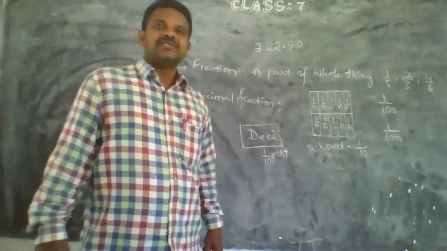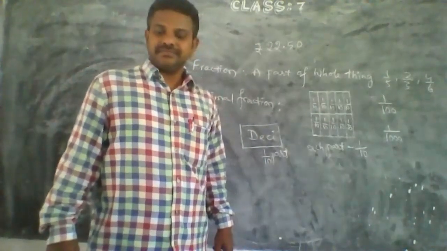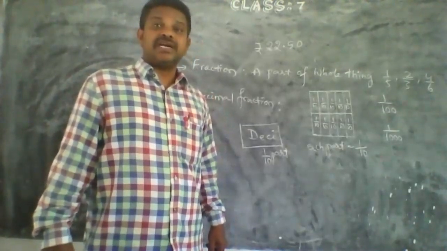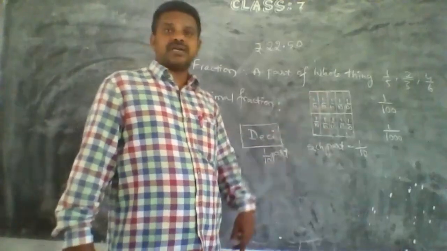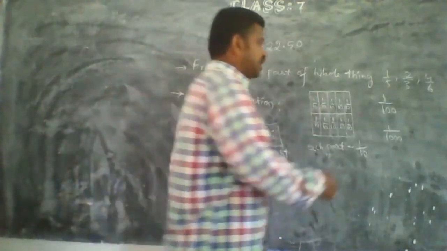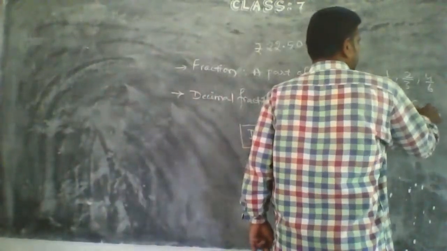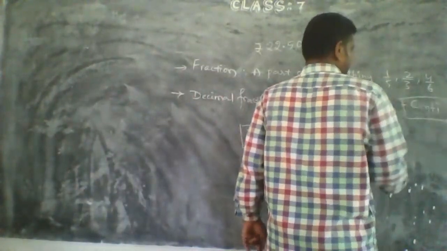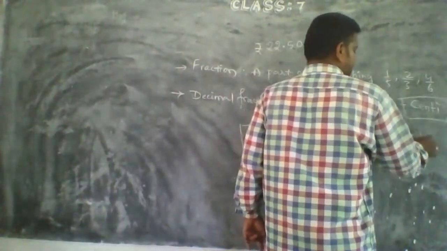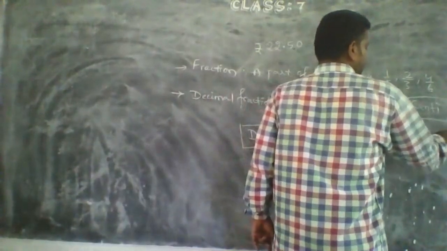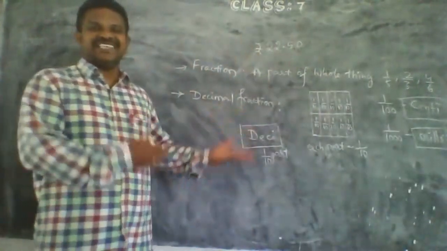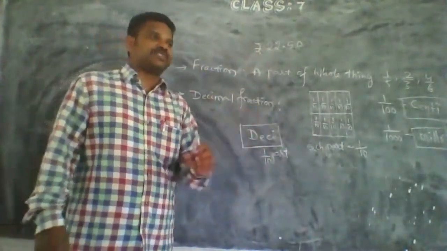The 100th part is called centi. What about the 1000th part? Milli. Sir, what is the use of learning all these things? I will show you what the use is.